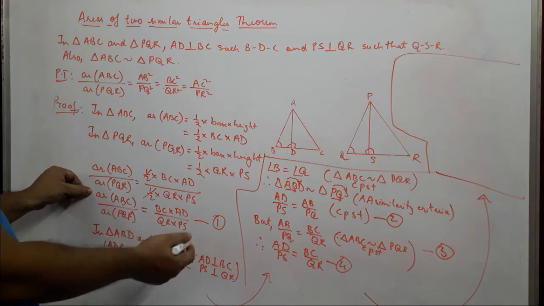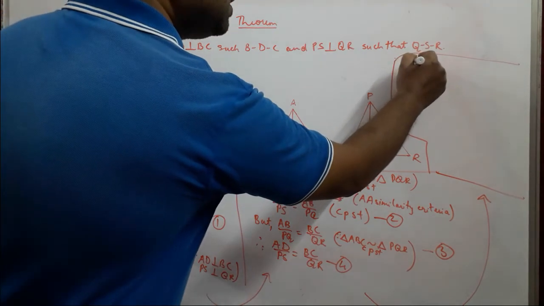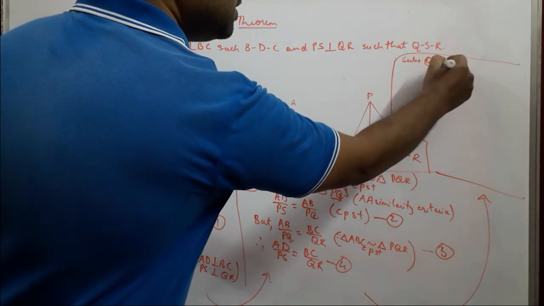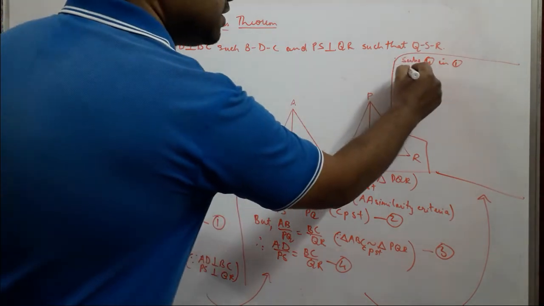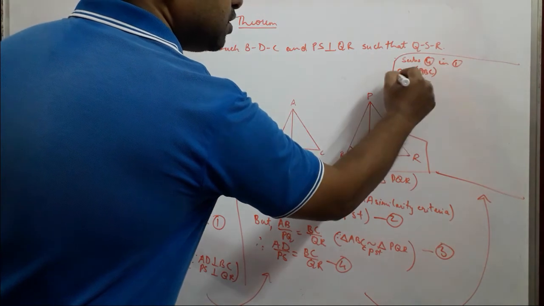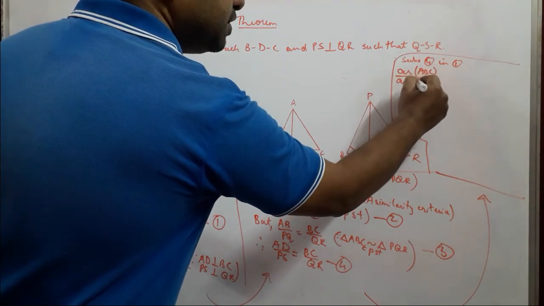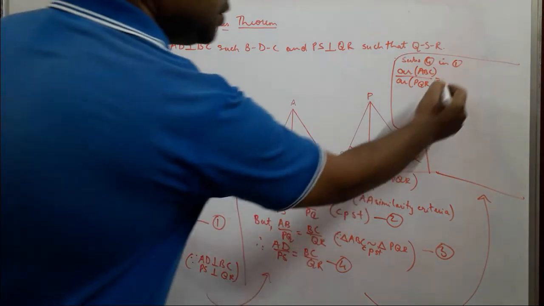So substituting 4 in 1, what do we get? We'll get area of triangle ABC upon area of triangle PQR will be equal to BC upon QR.